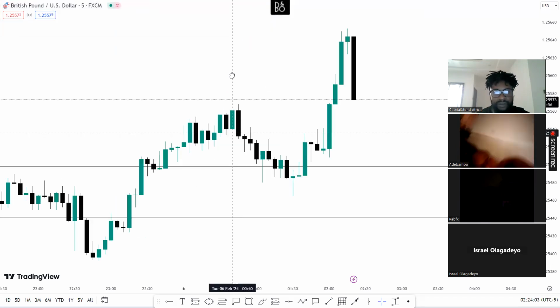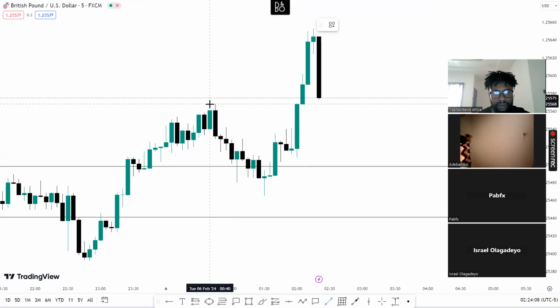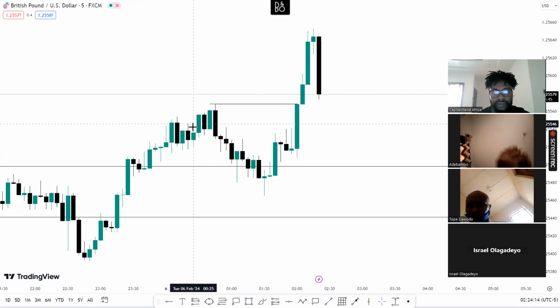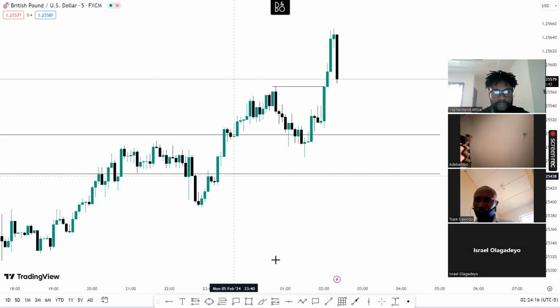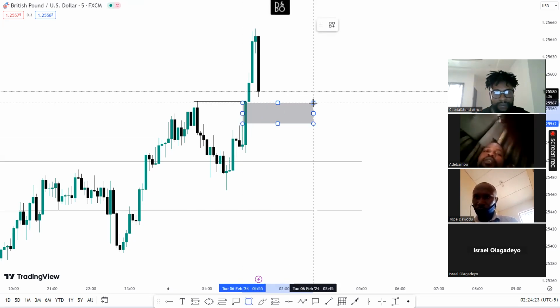Going down to the 5 minutes, we can see this breakout structure here, right?